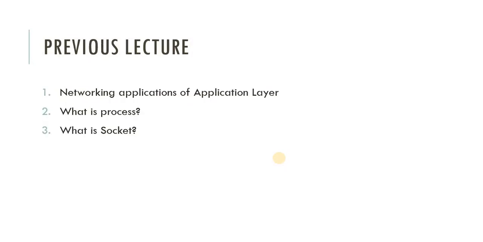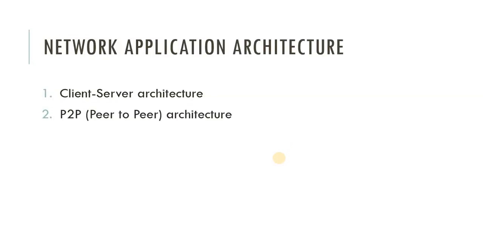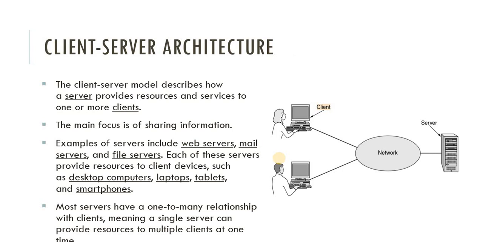So in today's lecture we have learned the client-server architecture. In the client-server architecture, mainly two devices are there: one client device and one server device. The server device is highly configured. Examples of servers are the web servers of Google or Amazon, mail servers, file servers, etc. On the other side, less configured computers are used by the end users, and these clients are desktop computers, laptops, tablets and smartphones.